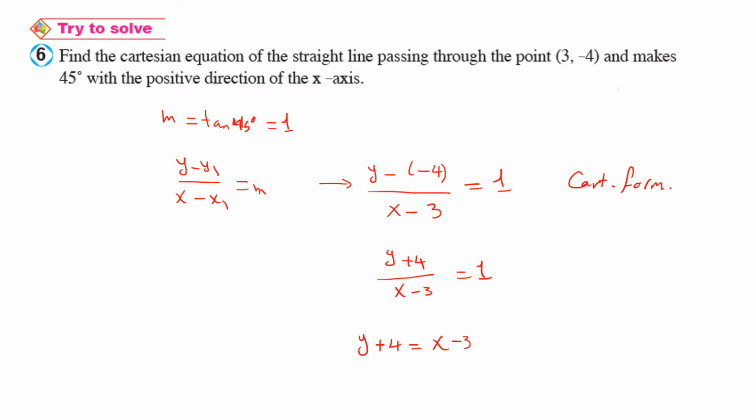So we can write it in general form, x minus y minus 3 minus 4 equals 0. Take 4 to the other side and y to the other side with negative sign. So x minus y minus 7 equals 0 is called general form.